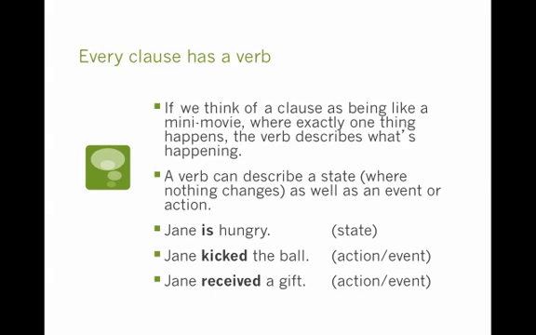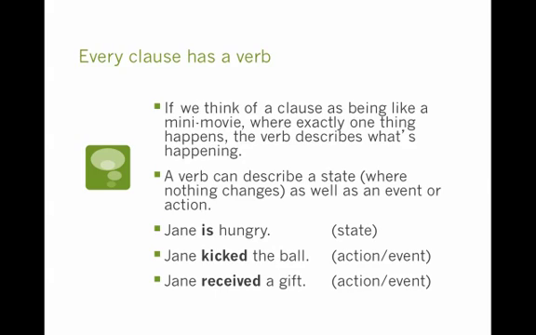A verb can also describe a state, as well as an event or an action. So these 3 words are important: state, event, and action. So the first sentence in the bullet point is describing a state. Jane is hungry.